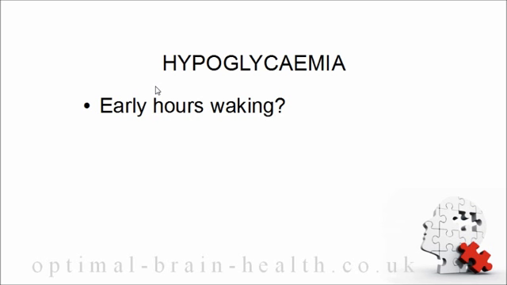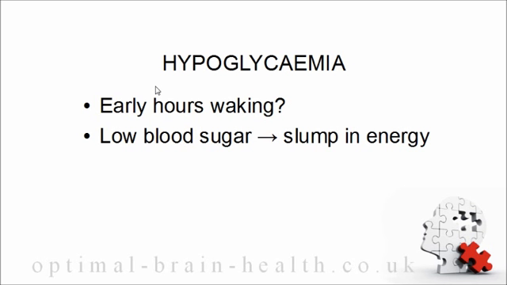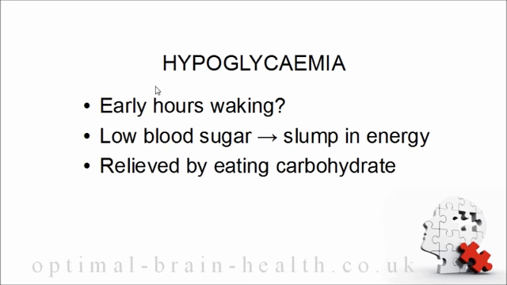That early waking pattern may be associated with hypoglycemia, which we first met in the last part of the course on blood sugar regulation. So hypoglycemia is a state of low blood sugar and resultant slump in energy and drive. That's often relieved when you eat more carbohydrates.